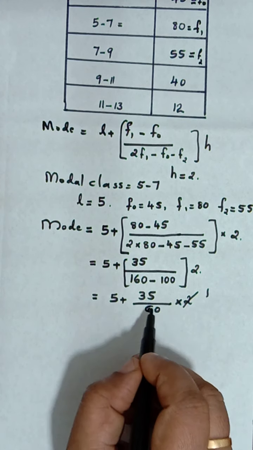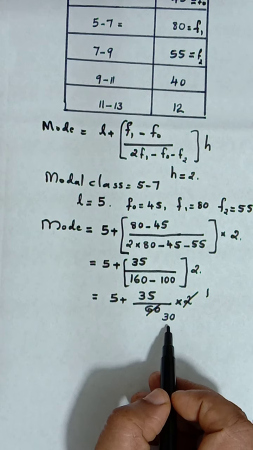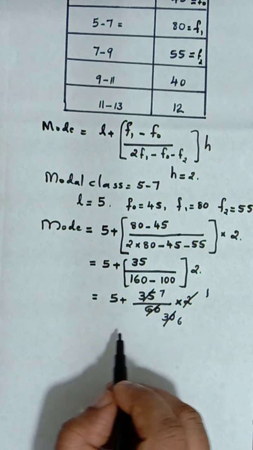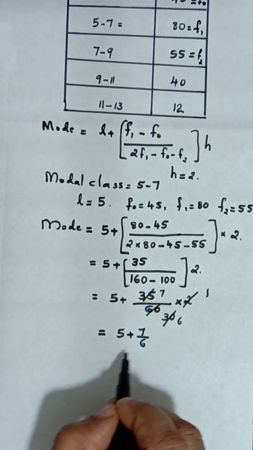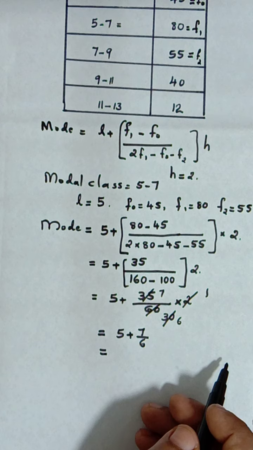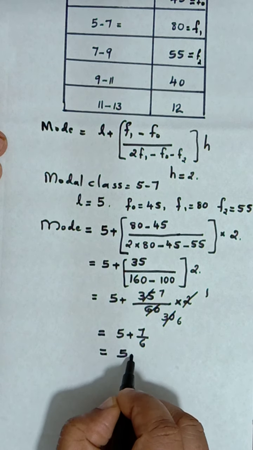We can cancel one time. This is 30. Now 35 by 30 we can cancel by 5: 6 fives, 7 fives. So 5 plus 7 by 6. What is 7 by 6? You have to find out. Divided to 2 decimals, we will be getting 1.16.